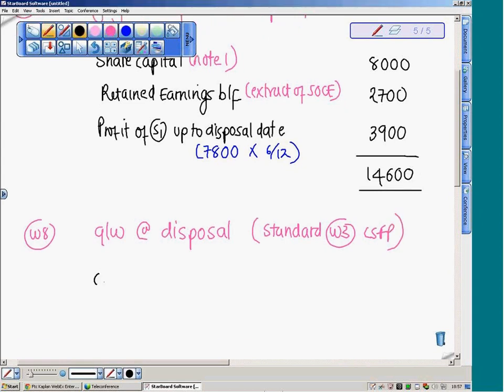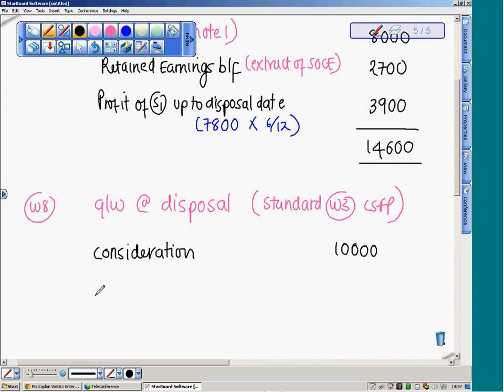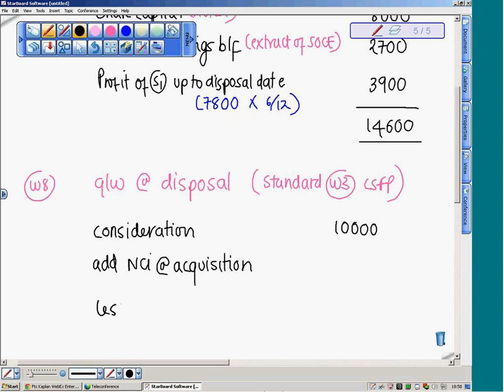Now, I remember that this, your consideration, million, which they give us in the first note, against the NCI. So add the NCI at acquisition, okay, and we're going to deduct 2% of the net assets at acquisition.